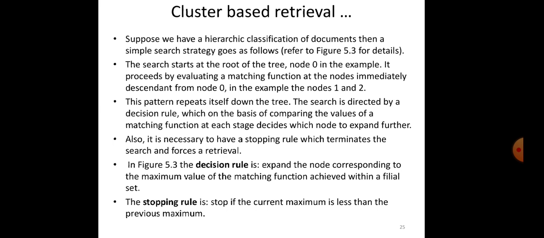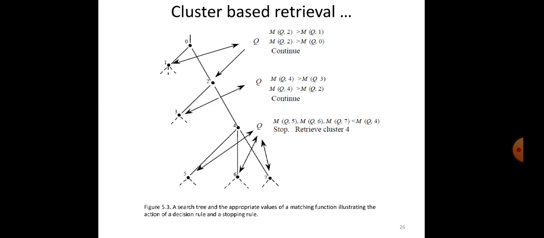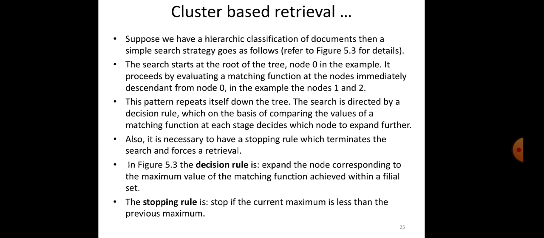So here in this picture, in this hierarchy, we can see 7 clusters. They are connected together. And here we are using one decision rule: expand the node corresponding to the maximum value of the matching function achieved within a filial set.